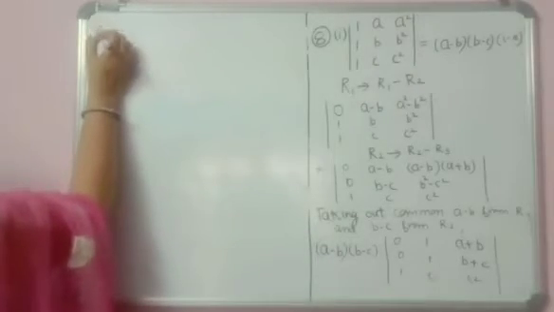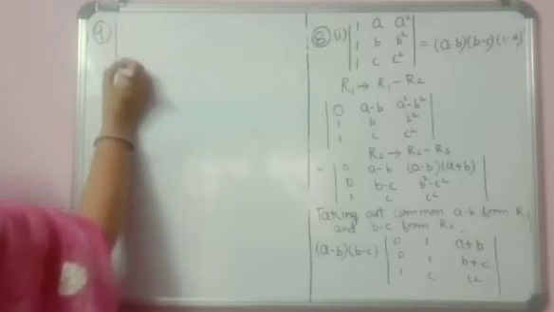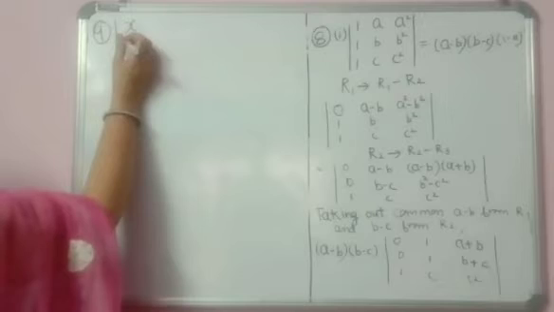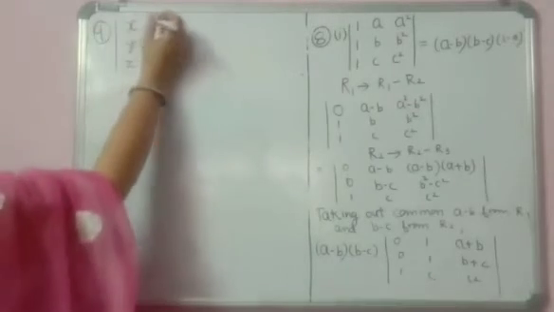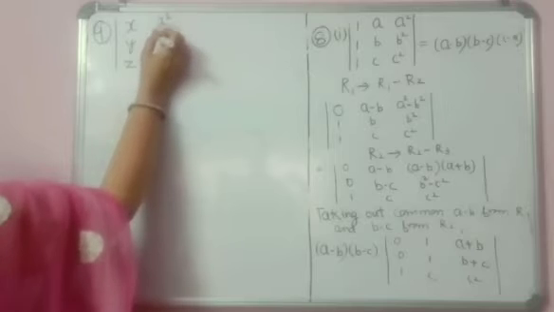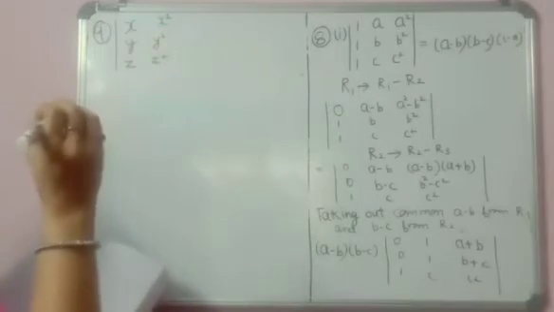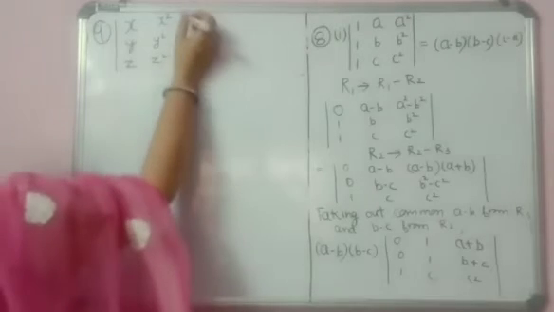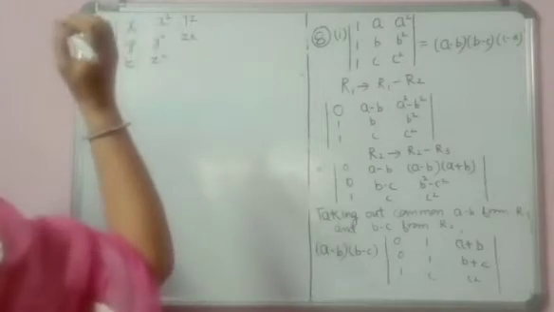Now come to question number 9. All of you note down the determinant with rows: x, y, z; x square, y square, z square; then yz, zx and xy.